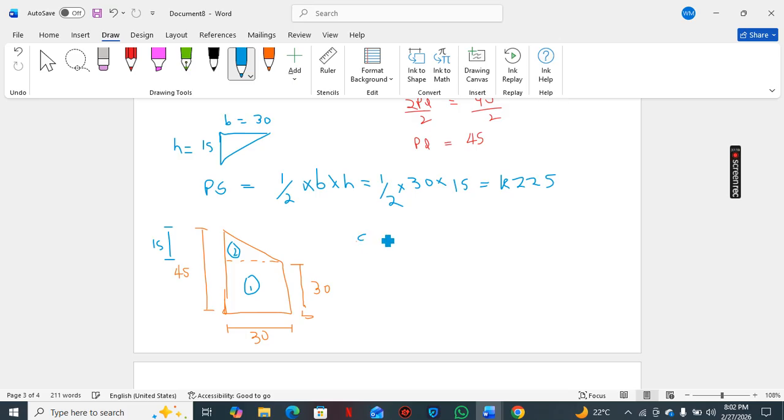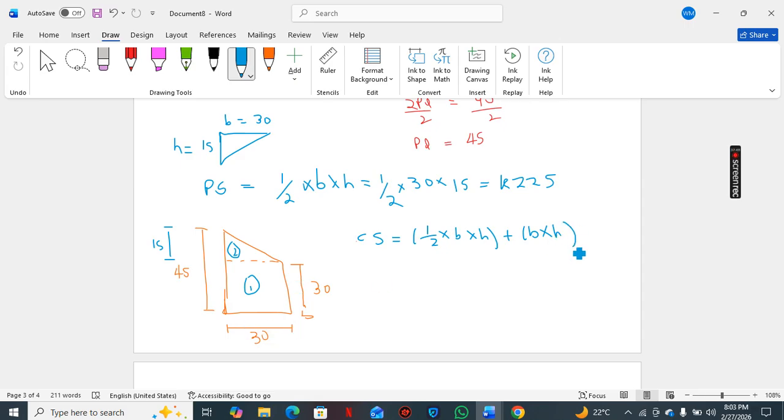So consumer surplus is going to be half multiplied by B times H for the small triangle, plus B times H for the rectangle. Oh, this is a square. This is 30 here, 30 here.